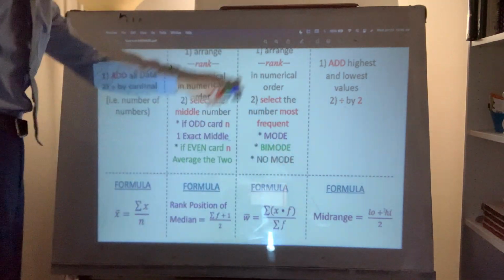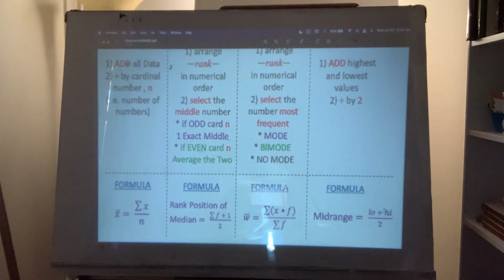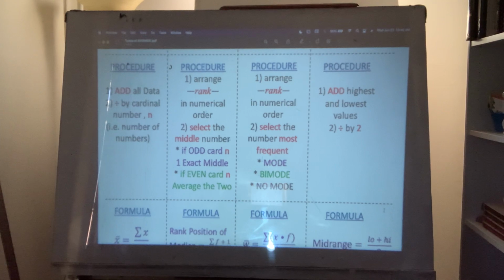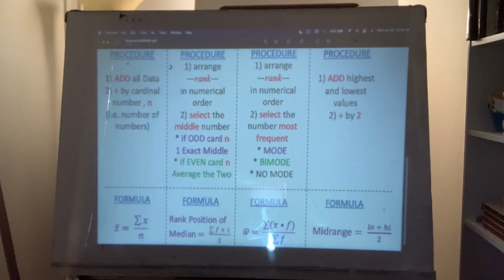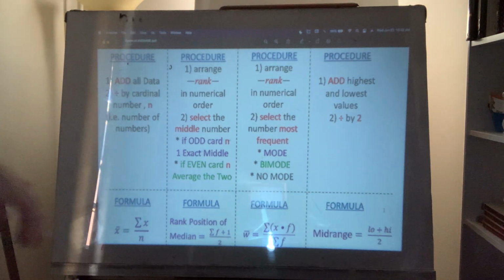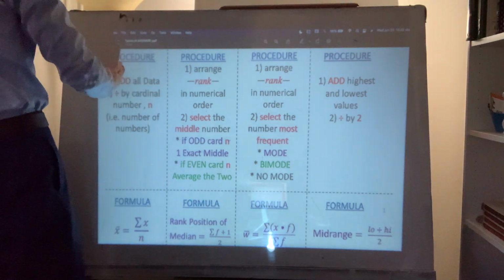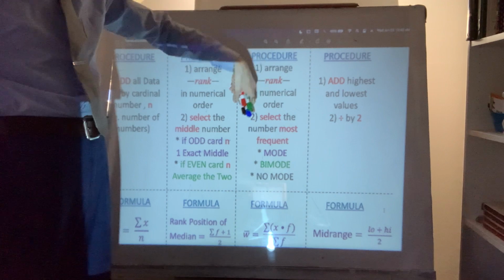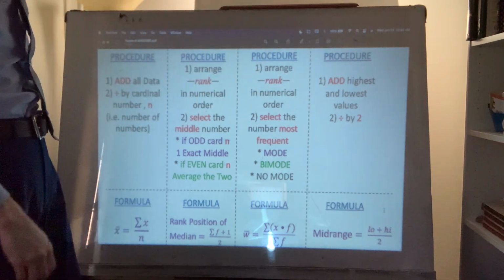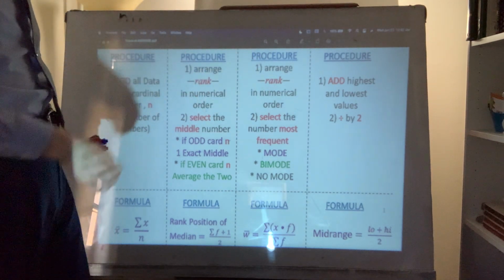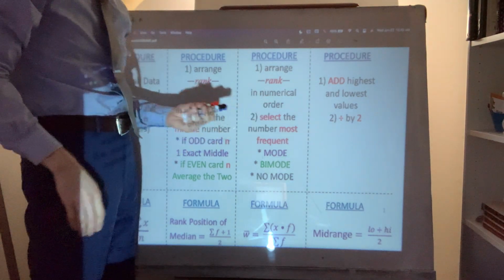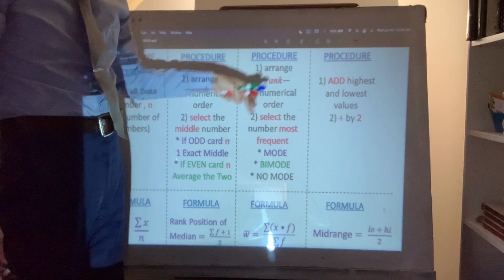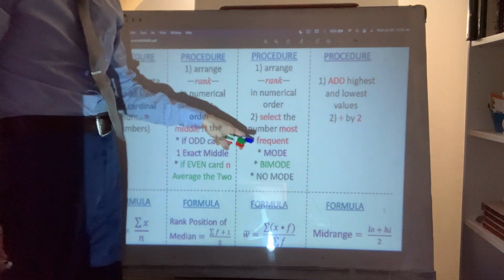All right, now look over here at mode. Mode has a similar procedure for finding it, and that's why it's a good habit, no matter what you're looking for, to start by arranging the data in numerical order, that is, rank them. In this instance, what you're going to do is select for the number that occurs most, that is, most frequent.